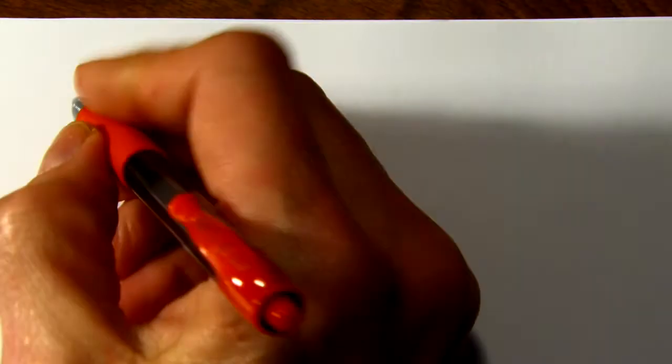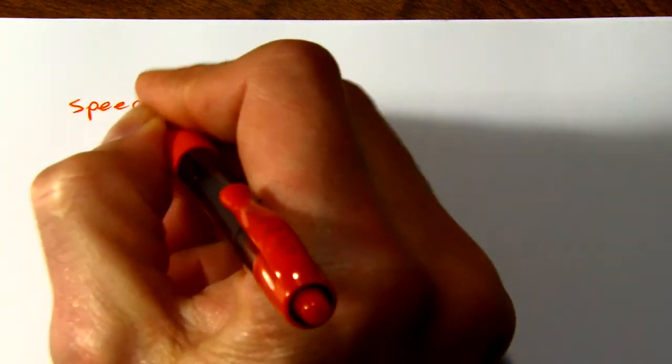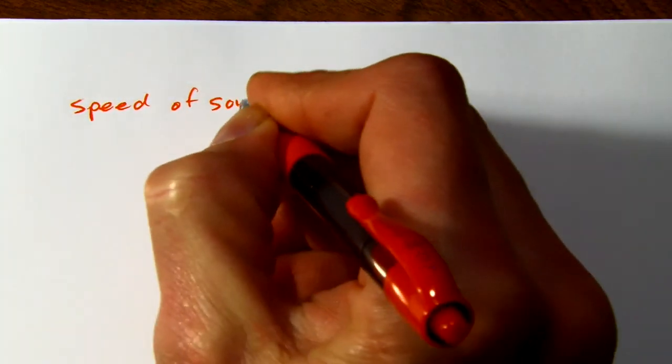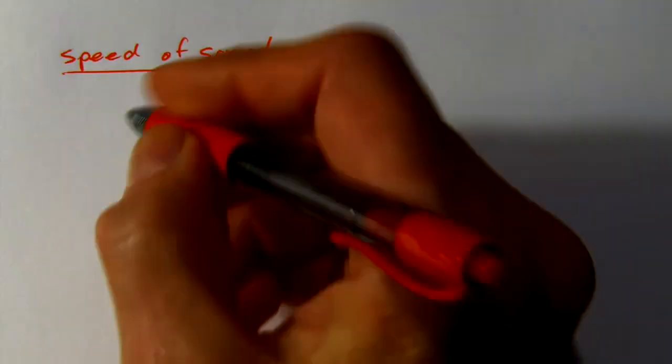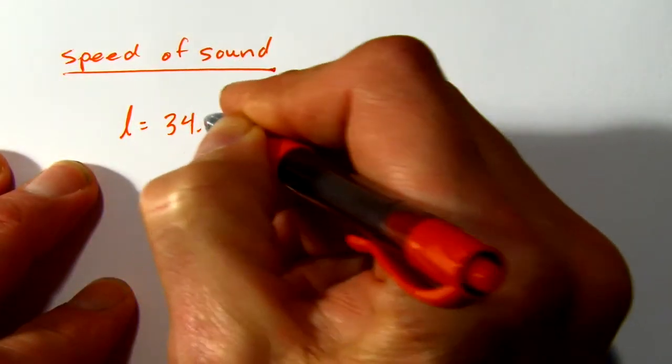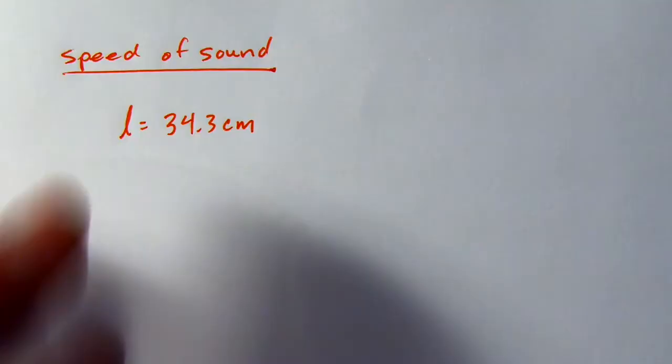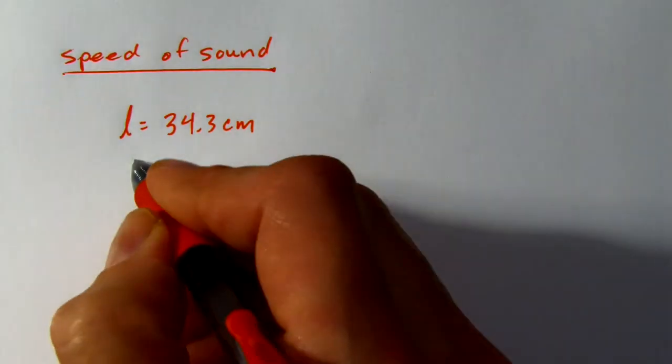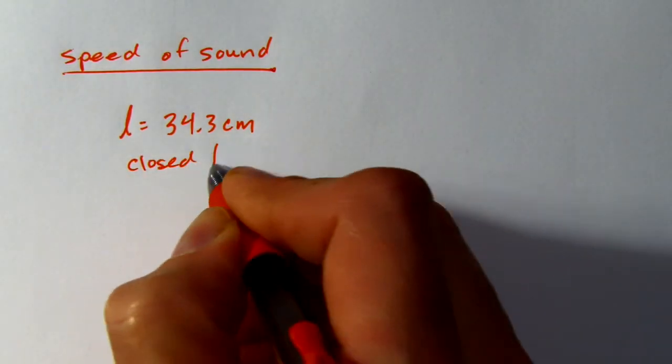The intention of the lab is that we're supposed to determine the speed of sound by using the resonant length. So let's say that we have a situation, we said L equals 34.3 centimeters, and we use this in a closed tube situation.